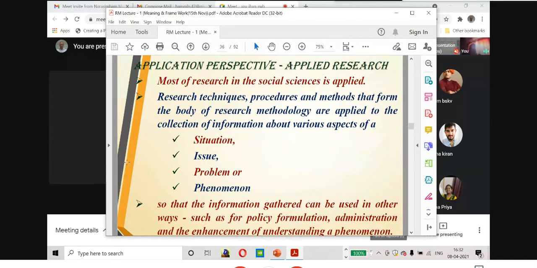See, this is written from the perspective of social science, but we can say that applied research is more in science and engineering. Whatever study you conduct will have an immediate application. Therefore, most engineering and science research can be classified as applied research.